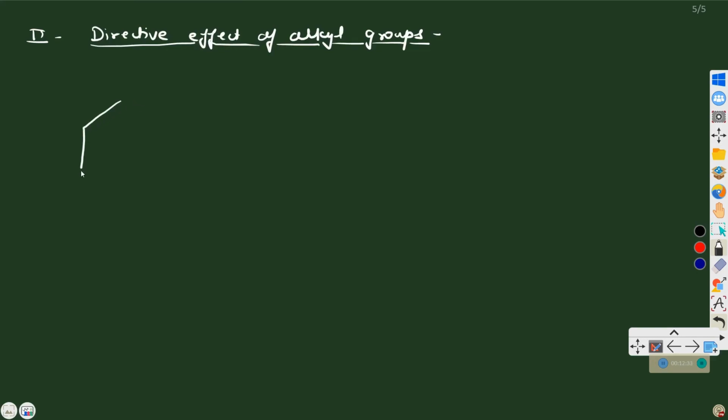Here in alkyl groups, the atom which is directly attached to the benzene ring does not have any lone pair, nor is it an electron withdrawing group, because alkyl groups are electron donating groups. So they show a positive inductive effect.